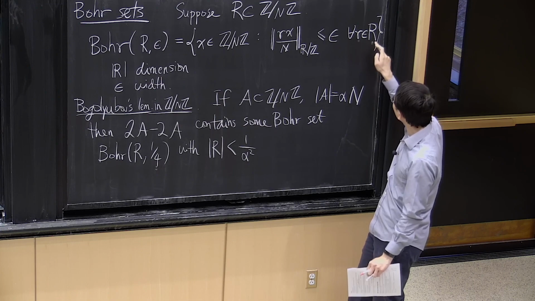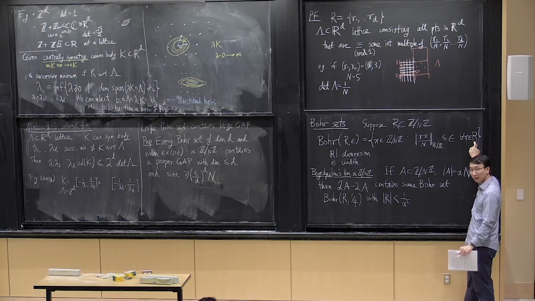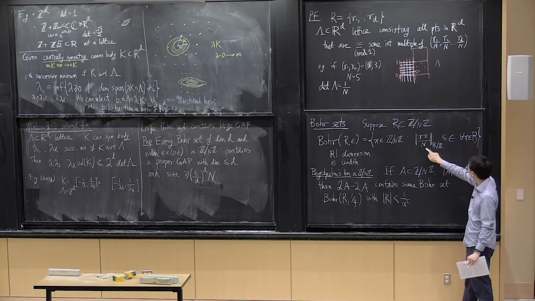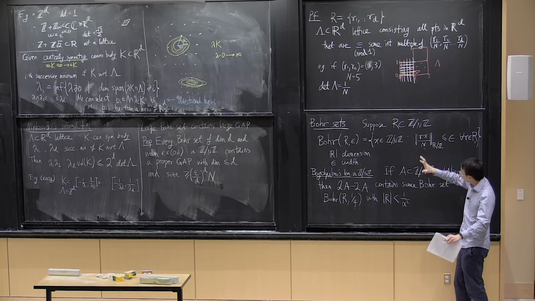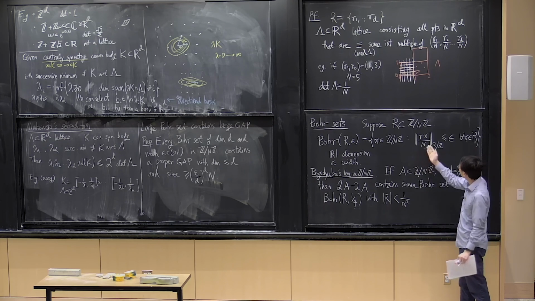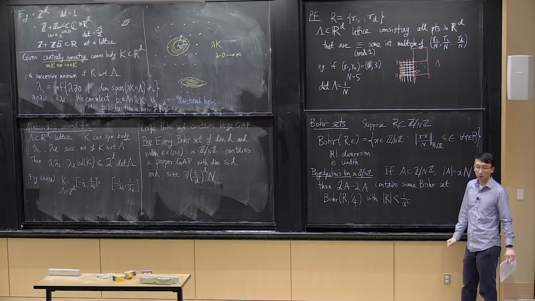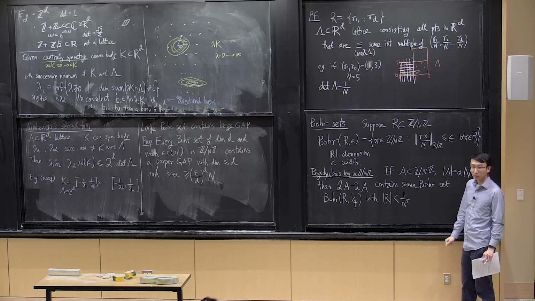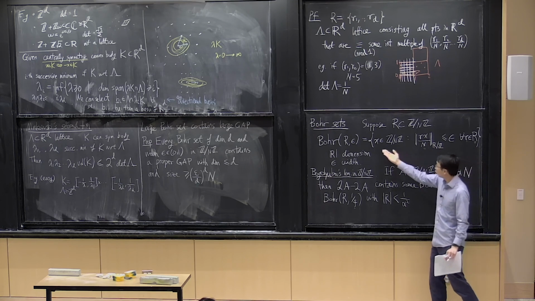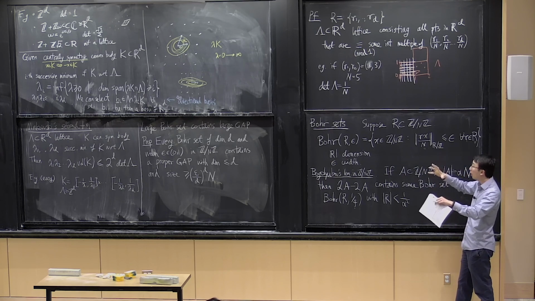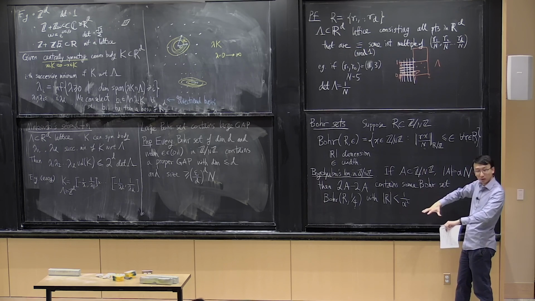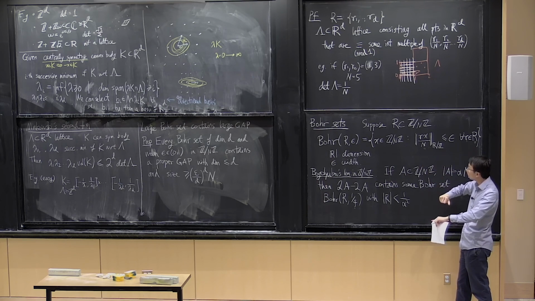So we think of each r as its own coordinate. Right? So we think of there being uppercase R many coordinates. And we want to consider the set of x's so that all the coordinate values are small. So instead of considering a one-dimensional picture, as we do in the Bohr sets, we're considering a higher dimensional picture, and then eventually projecting what happens up there down to this Bohr set.